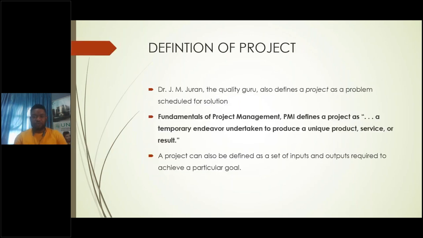So, overview of a project. According to Joseph Juran, a quality guru, a project is defined as a problem that requires a solution. That's his definition.